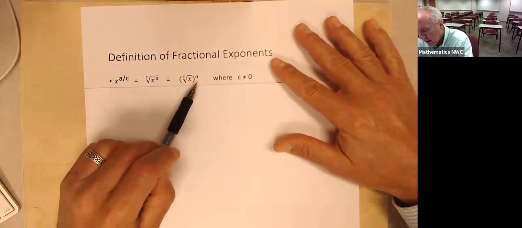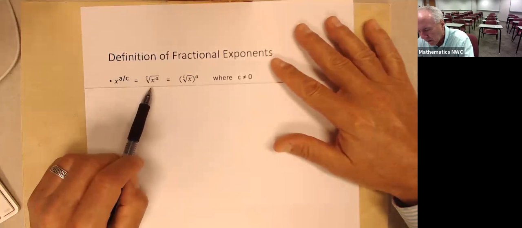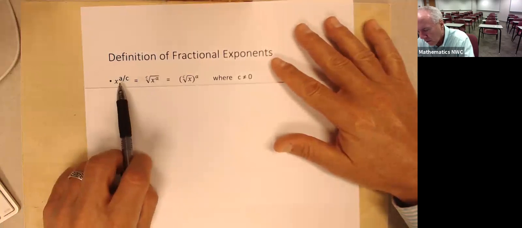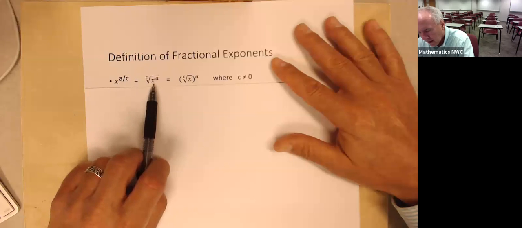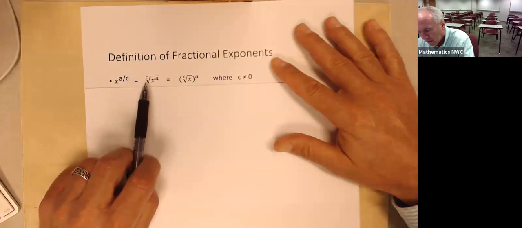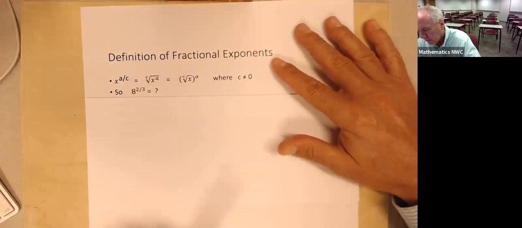This is going to be a key building block for us here today. It's important that we can go from this expression, which we say is a fractional exponent, to this expression, which is a radical form. We should be able to go back and forth freely.